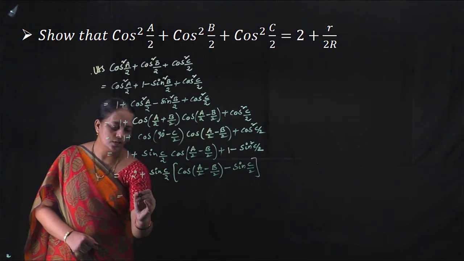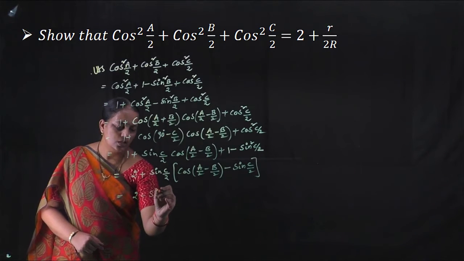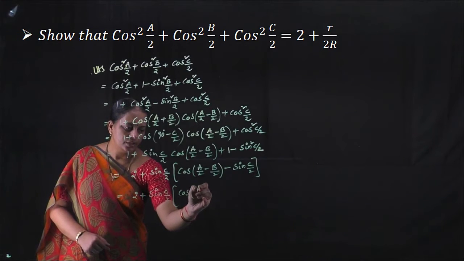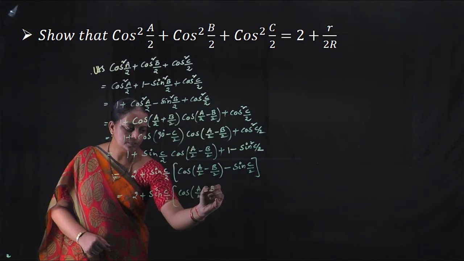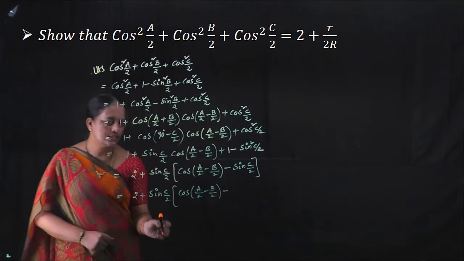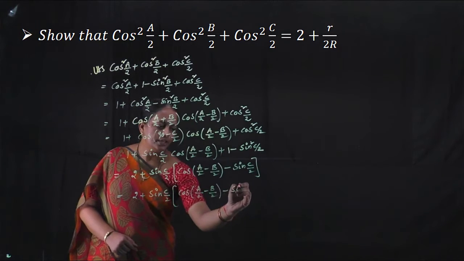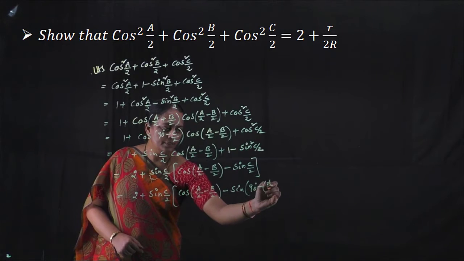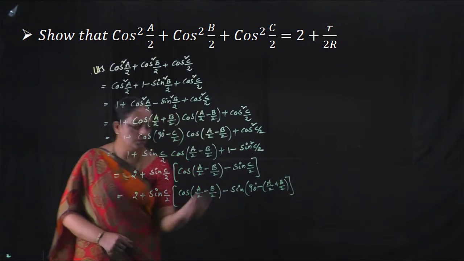This is equal to 2 plus sin C by 2 into cos of A by 2 minus B by 2 minus sin C by 2, which means sin of (90 minus (A by 2 plus B by 2)), since A plus B plus C is equal to 180.